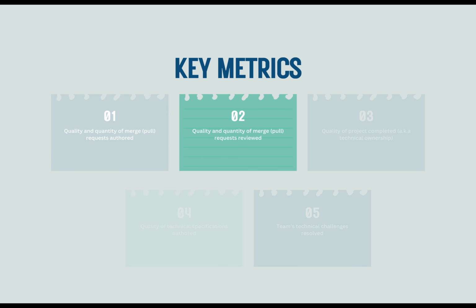The second metric that we can look at is the quality and quantity of merge requests reviewed. So what does this mean? Because as engineers we work in a team, it is expected that while engineer A is making and submitting the code change, the other members of the team review and ascertain that the submitted code change meets the expected standards, satisfies the project requirement documented in the task originally, and is achieving the set goal.